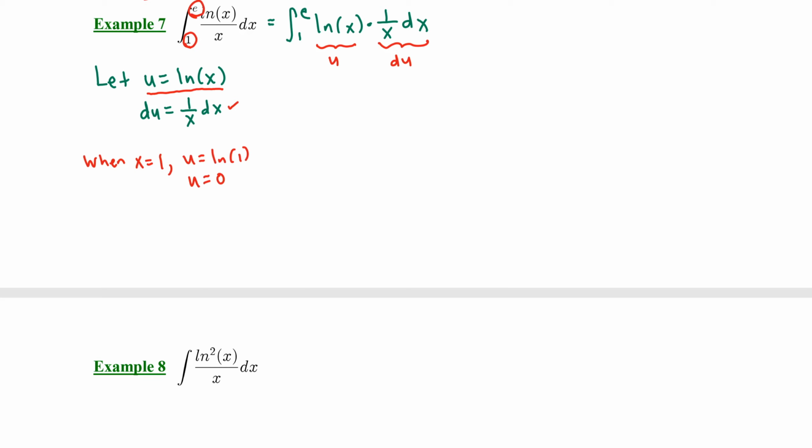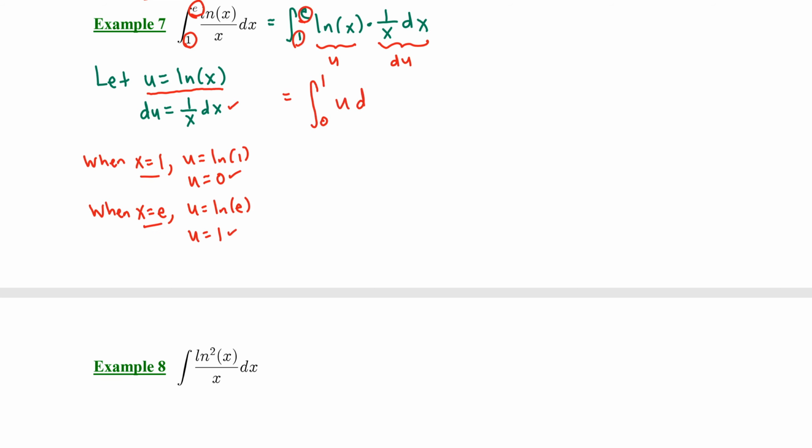And my other x value, when x equals e, u equals natural log of e, and natural log of e equals 1. So when I convert my integral to u values, I also update my limits of integration. So when x is equal to 1, u is equal to 0. When x is equal to e, u is equal to 1.